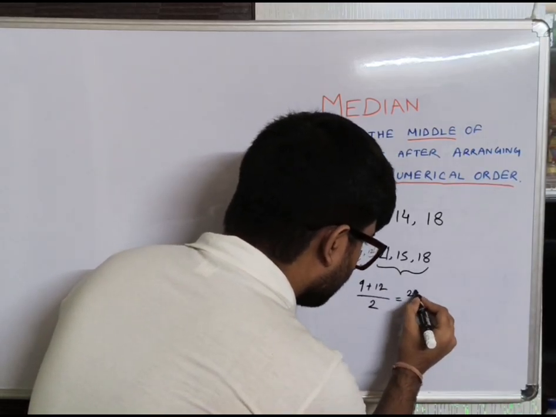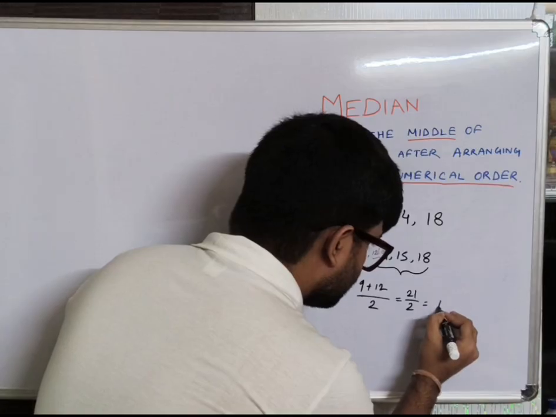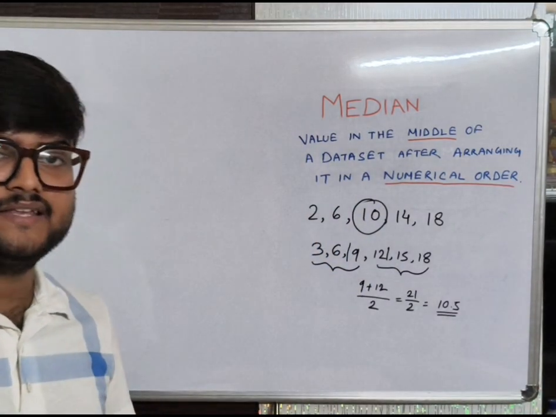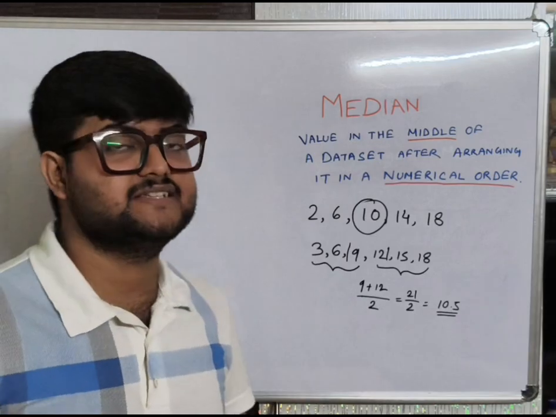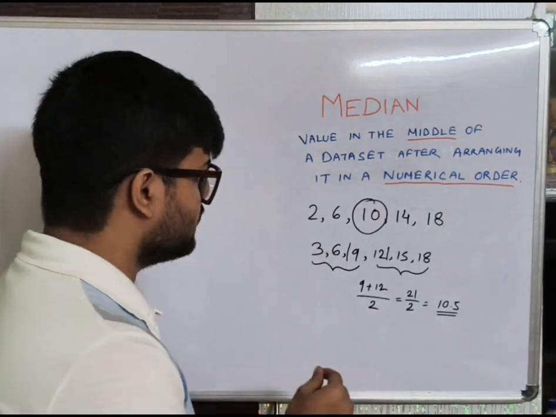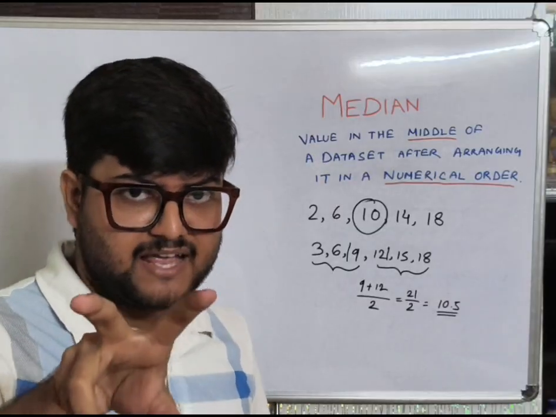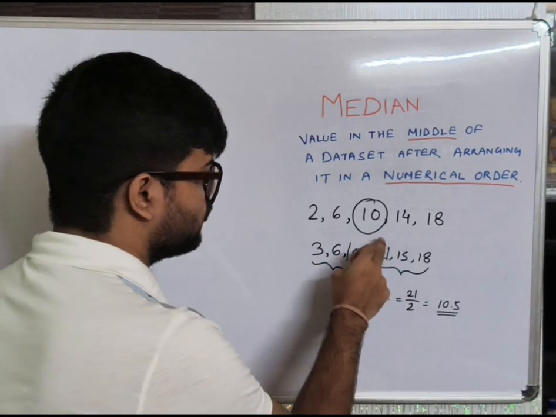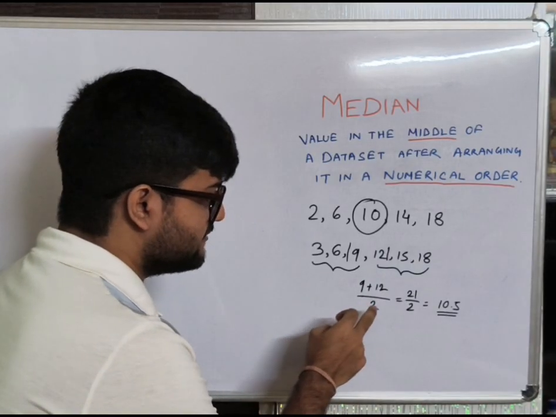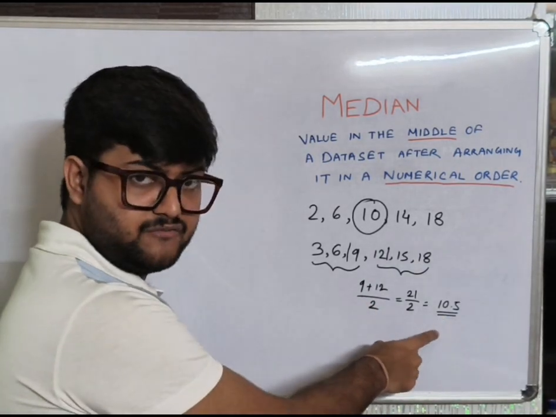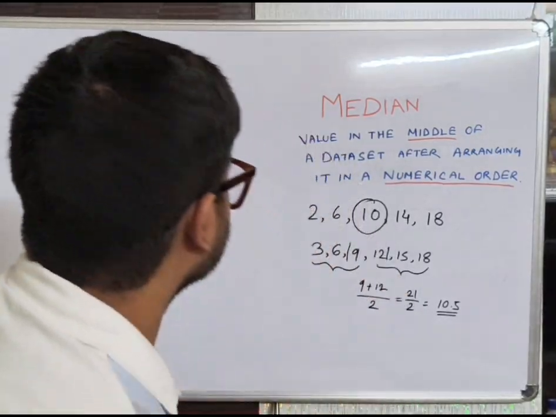That would be 21 by 2, that is 10.5. So when the number of observations in a data set is even, we take the two middle values, in this case the third value and the fourth value, add them and divide by 2, and in that way we get the median, that is 10.5 in this case.